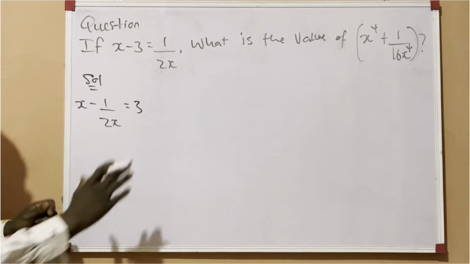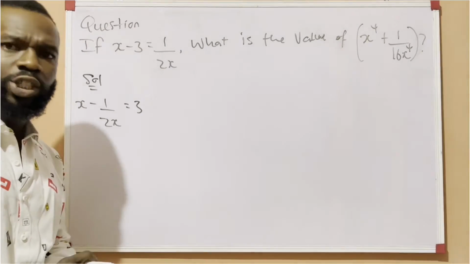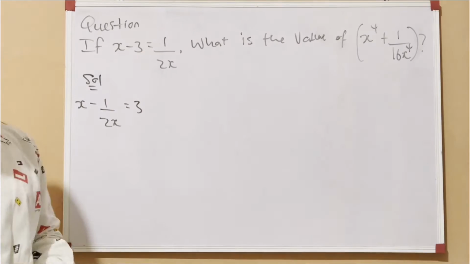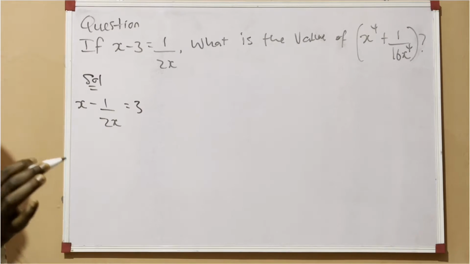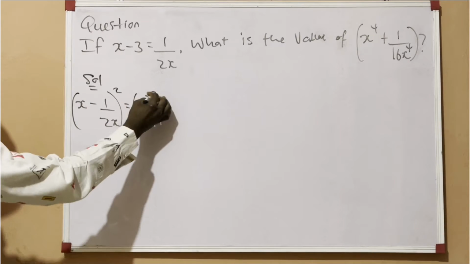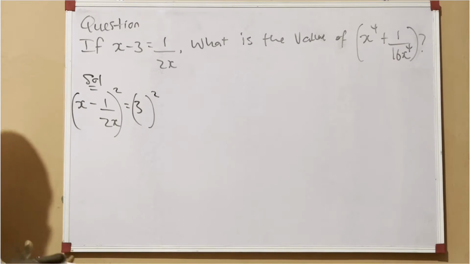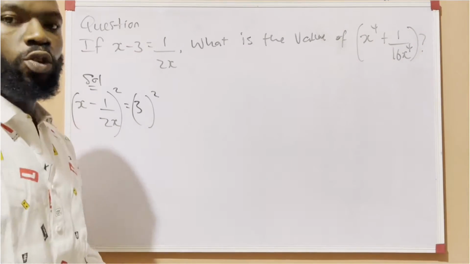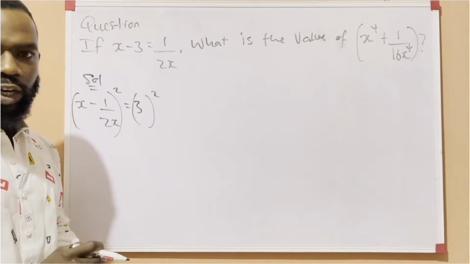Let us take the square of both sides of the equation. Now, if we take the square of both sides of the equation, it means we're going to be having this raised to the power of 2 and also raised to the power of 2. Because what happens to the left-hand side of the equation also should happen to the right-hand side of the equation.